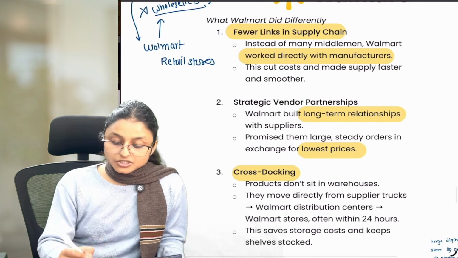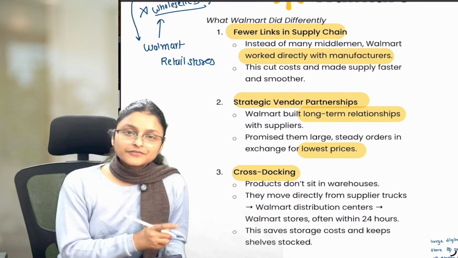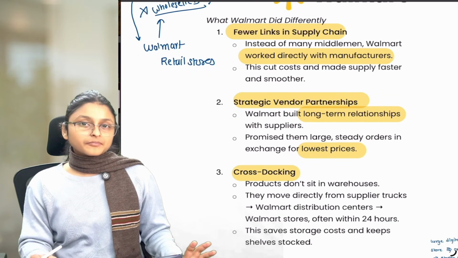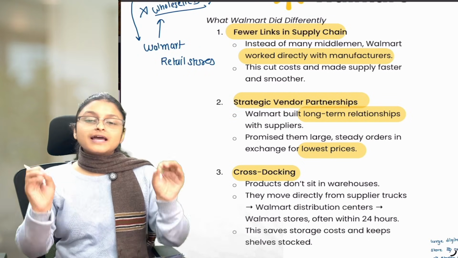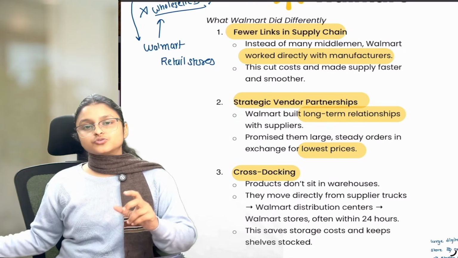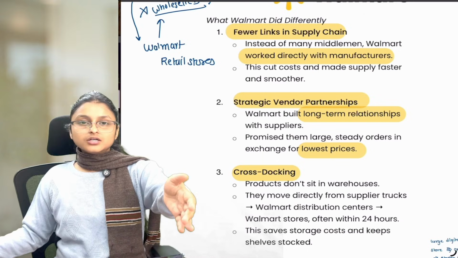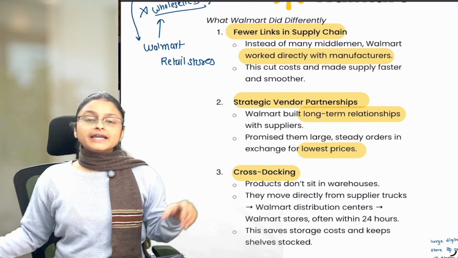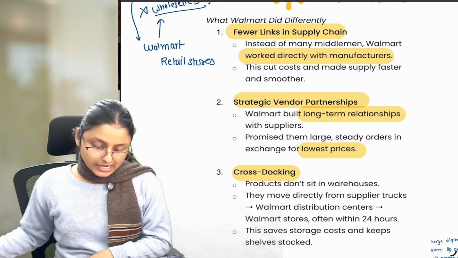Next, strategic vendor partnership. As they are buying directly from the manufacturer, they are buying a lot of quantity because Walmart has thousands of stores and they have to fulfill the requirement of all the stores. So they build a relationship with the manufacturer, buy a huge amount of quantity, and as they are buying a lot, they get a lot of discounts as well.